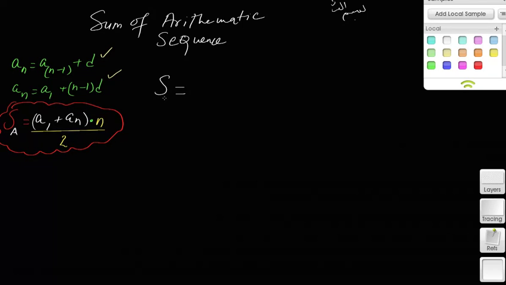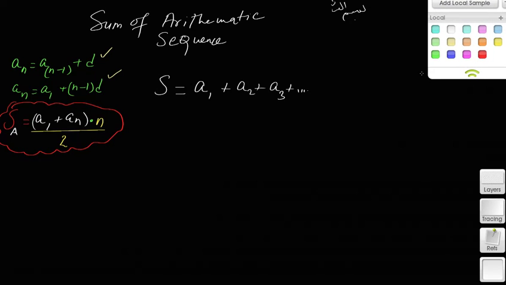So the sum of n number of terms would be a sub 1 plus a sub 2 plus a sub 3 plus, all the way up to a sub n.